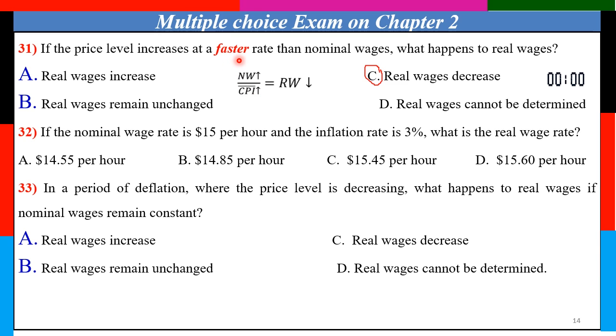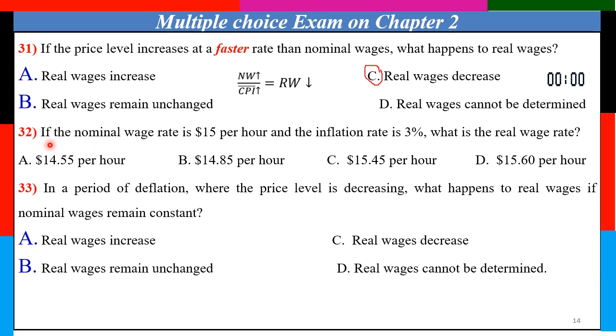Faster than the nominal. So the denominator is what? Becoming larger faster. At that time, it causes the real wage to decline.